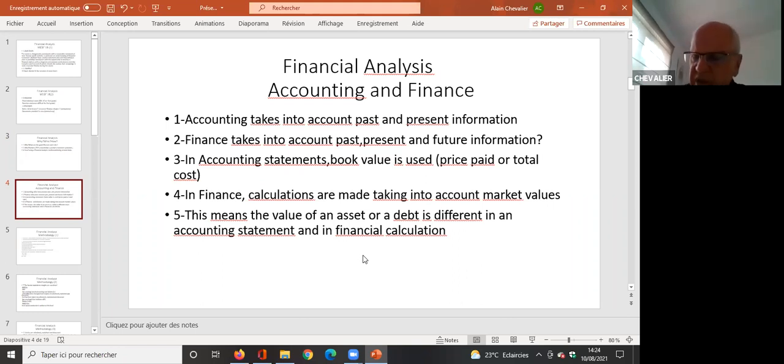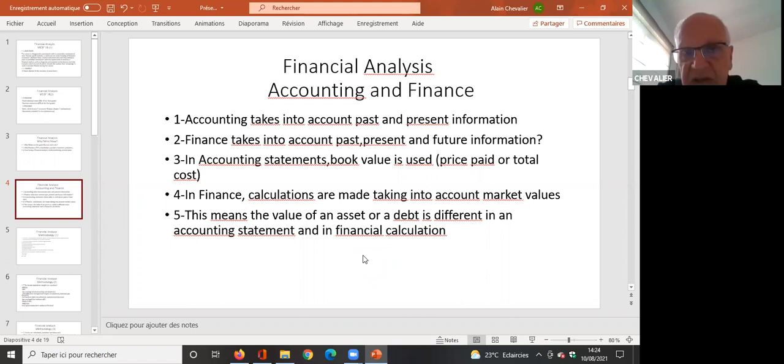Now we very often have the feeling that financial analysis is a kind of last step of the accounting accounts. You should be very careful there, because accounting is necessary to go through many developments in finance, and particularly in financial analysis.